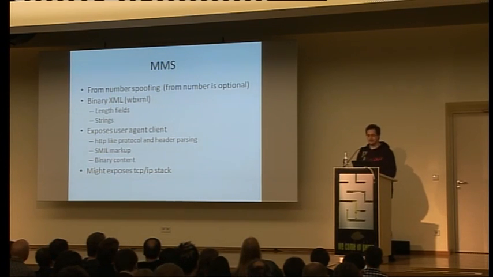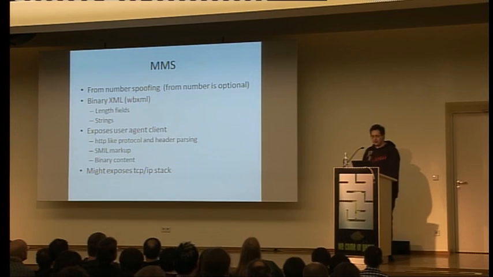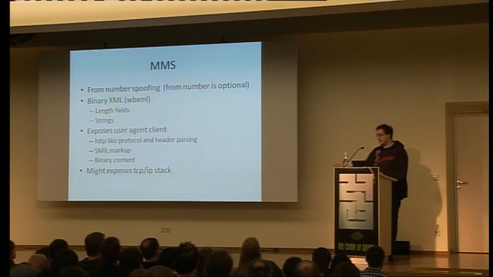But if it does expose it, that's a huge entry point, because on the desktop and server side, TCP/IP stacks are fairly well tested. On the embedded side, not so much. There's a bunch of embedded appliances that easily break. If you run Nmap on this stuff, they break, right? So chances are phones are fairly similar. So that's the MMS sending part.